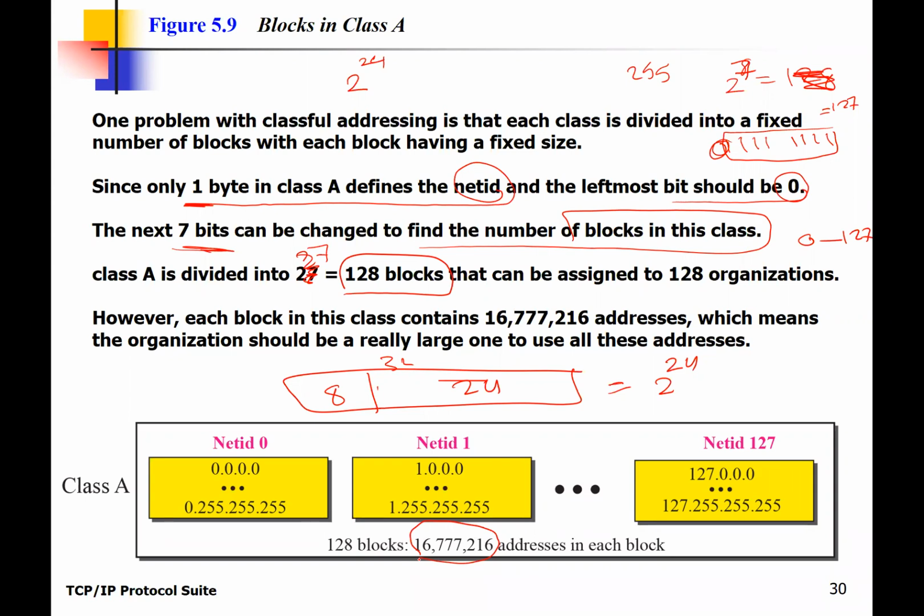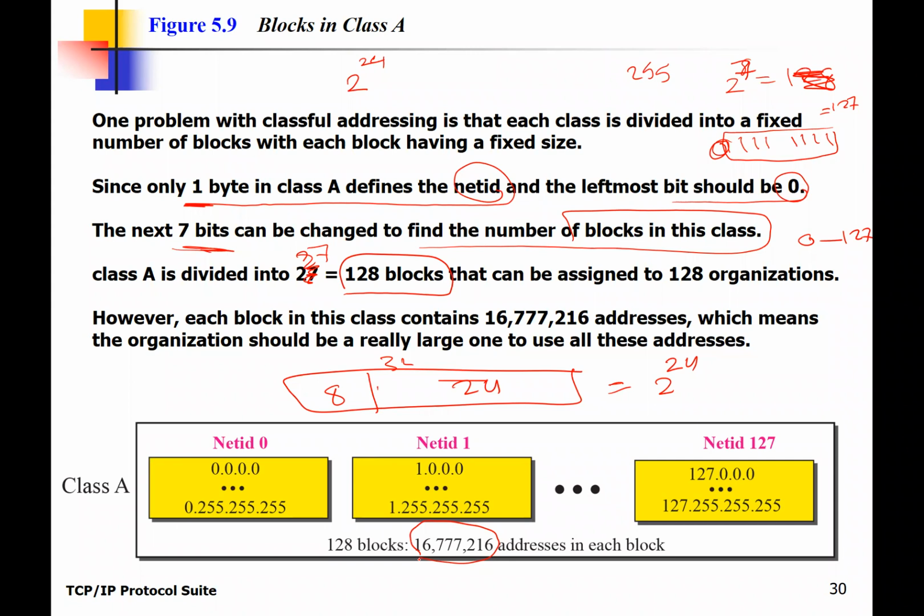No. That's why class A is impossible to use, because you divide your IP addresses into a small group of networks, and each network has a huge range of IPs. Okay, so maybe you can use that for the ISP providers, and these ISP providers internally divide into sub networks. When we go on, we'll go over subnetworks and supernetworks. You will see what the difference is.